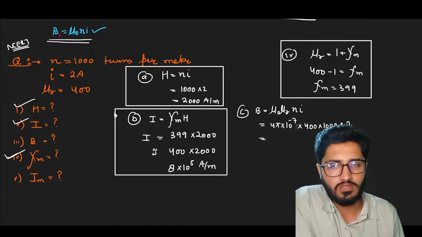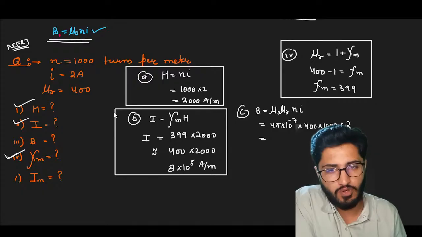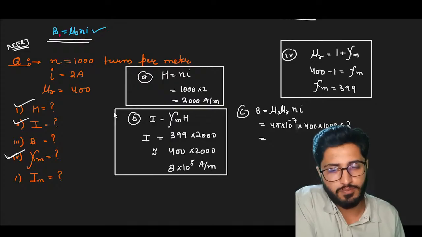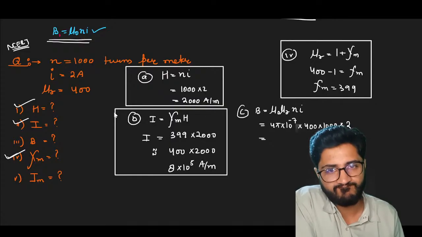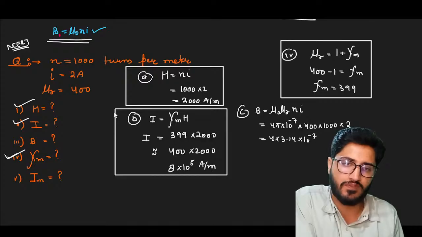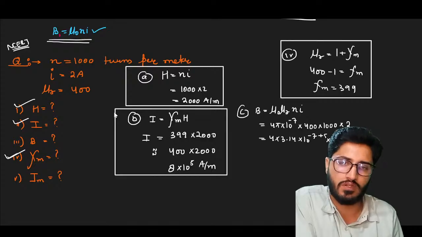So I will write it as 4 into 3.14, 10 to power minus 7, 400 into 1000 into 2.